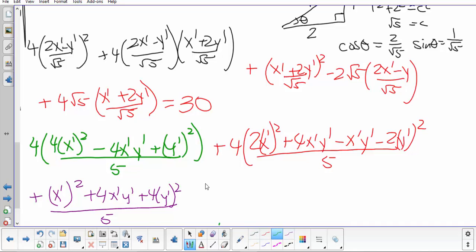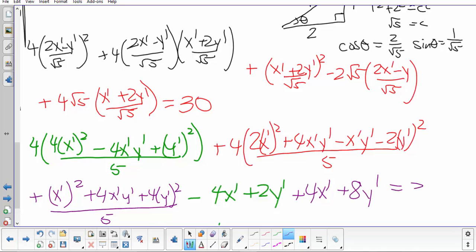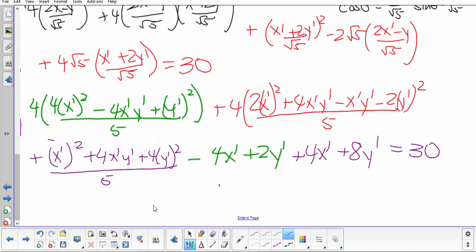Our next term would be minus, now here you'll notice that when we distribute the root 5s, they cancel out, so we'll have minus 4x prime plus 2y prime. Our next term over here, same thing happens, the root 5s cancel, so we get plus 4x prime plus 8y prime equals 30. Okay, so now there's more algebra to do here.